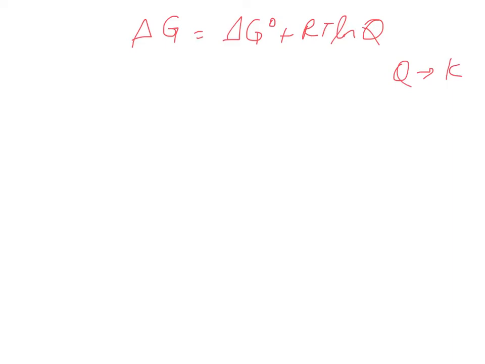Recall from chapter 18 that delta G under non-standard state is equal to delta G0 plus RT ln Q. And from here, we get the equation that delta G is equal to negative RT ln K, because Q tends to K, and at that time delta G tends to 0. So we had used that relationship.